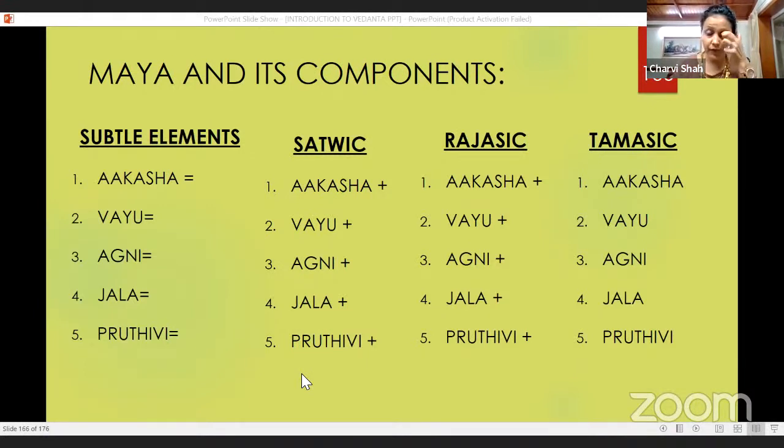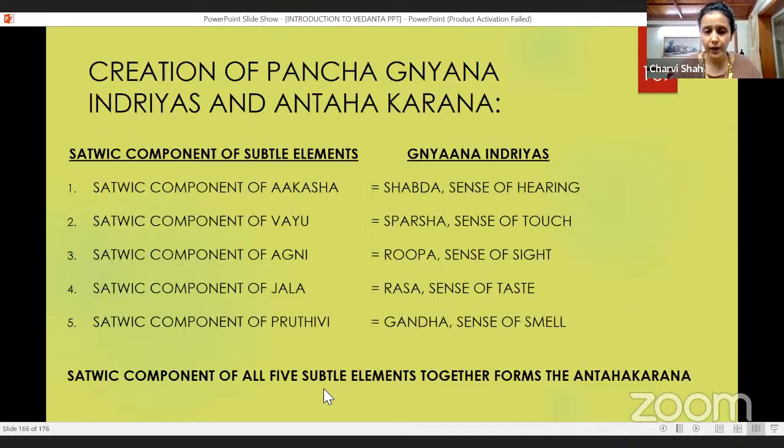Okay, so we saw what happens from the sattvic component. The sattvic component of Akasha gives rise to the sense of hearing. The sattvic component of Vayu gives rise to the sense of touch, sparsha. The sattvic component of Agni gives rise to the sense of sight. The sattvic component of Jala, water, gives rise to the sense of taste.